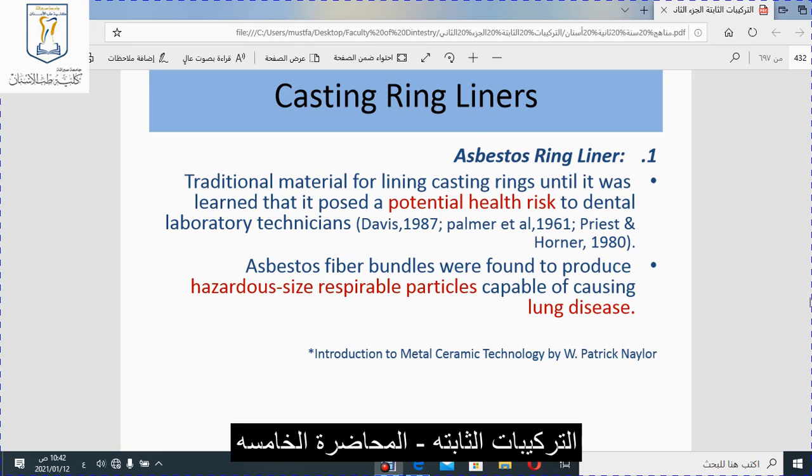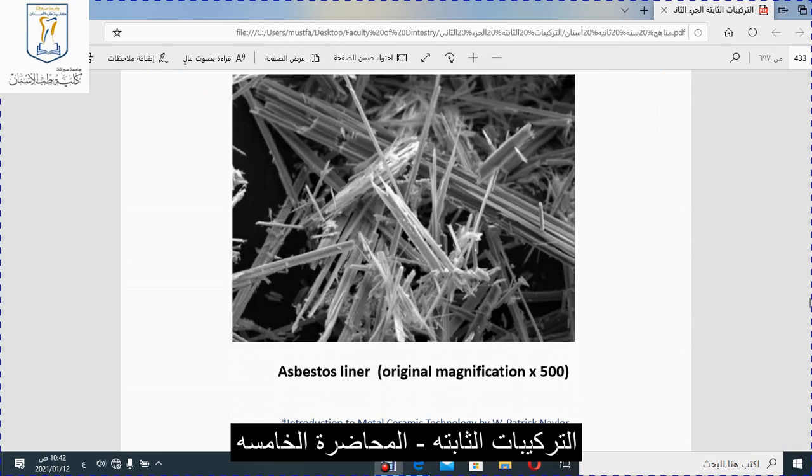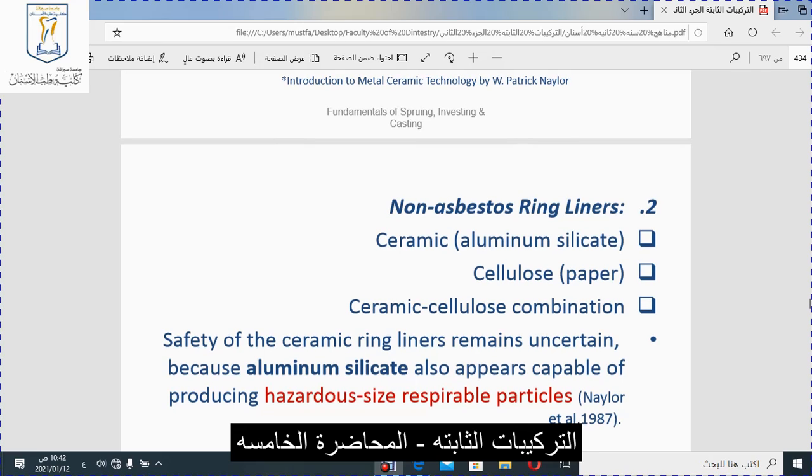The liner must stop 1, 2, or 3 millimeters from the upper end and lower end to make interlocking during casting, so the investment will not break. Asbestos fiber is sometimes carcinogenic for the lung, so nowadays it cannot be used because it is a hazard.